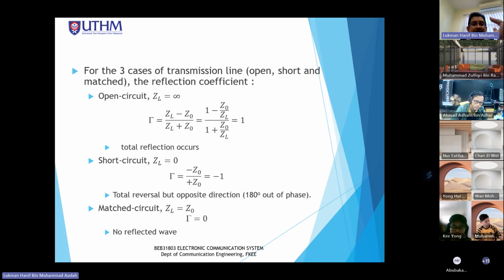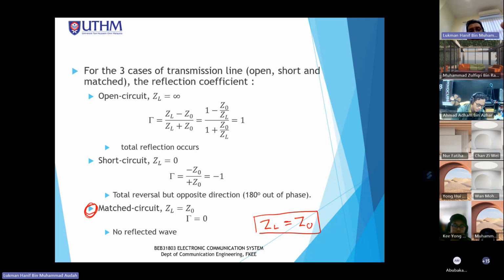There are going to be three extreme cases. The first one is what we call a match. So the first case is when Z load, the load impedance, is equal to the characteristic impedance.